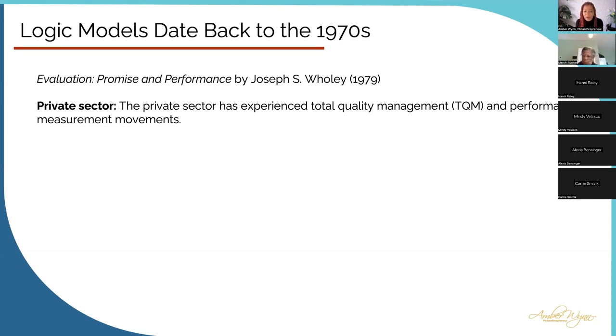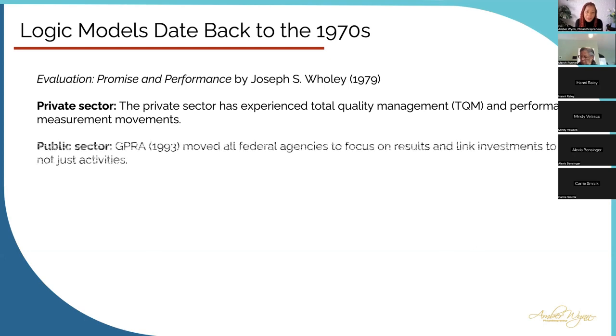But the private sector has experienced an influx in using logic models. They call it total quality management and performance measurement. And again, it's based on evaluation. The public sector jumped into it around 1993 when the federal agencies moved to focus on results and then link investments to results.